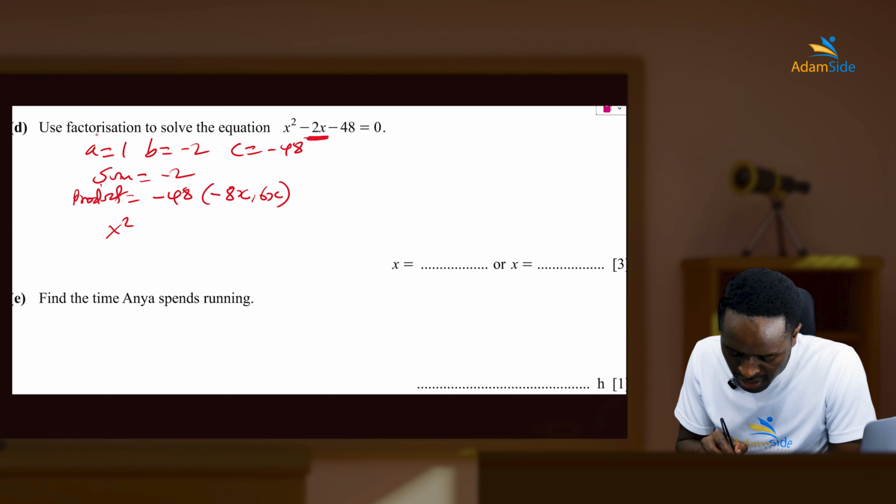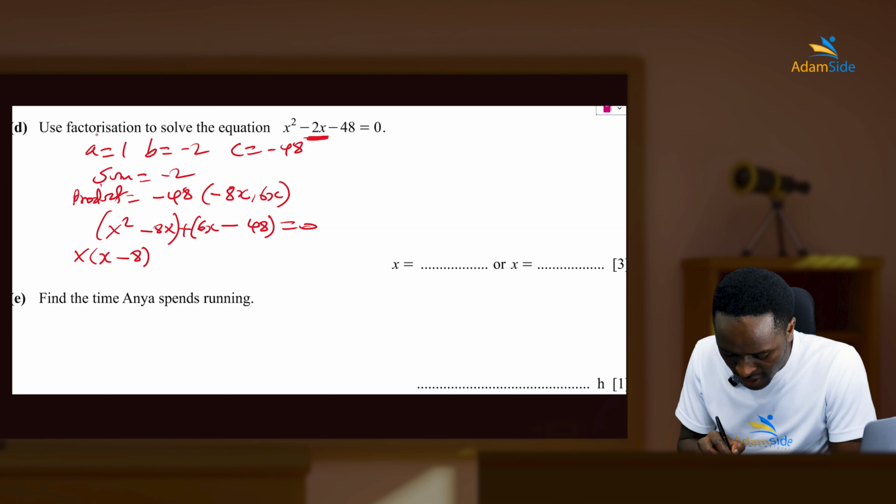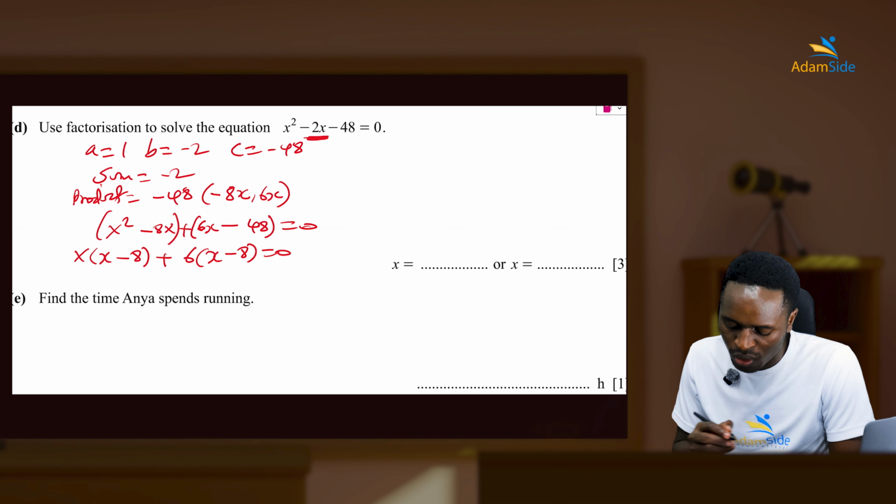Therefore, we say x squared minus 8x plus 6x minus 48 is equal to 0. Then introduce brackets and look for common factors. It's x into x minus 8, then plus 6 into x minus 8 is equal to 0.